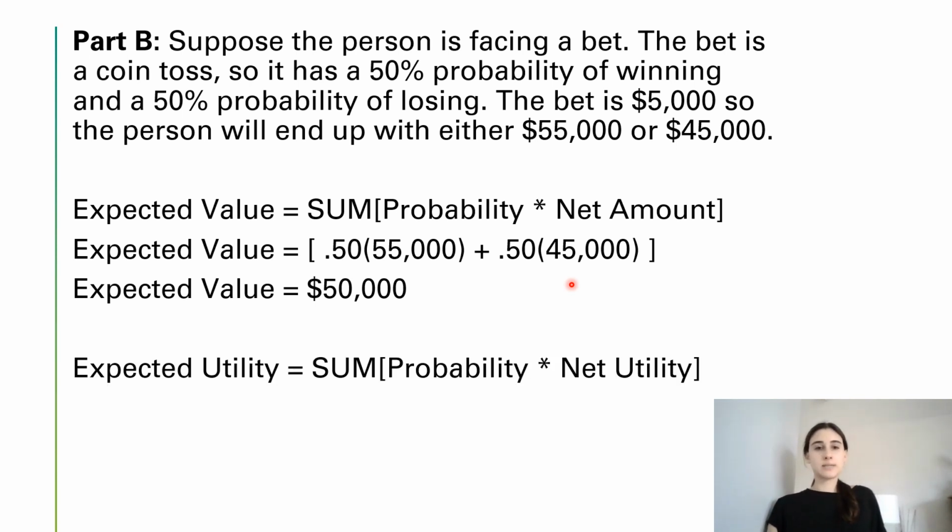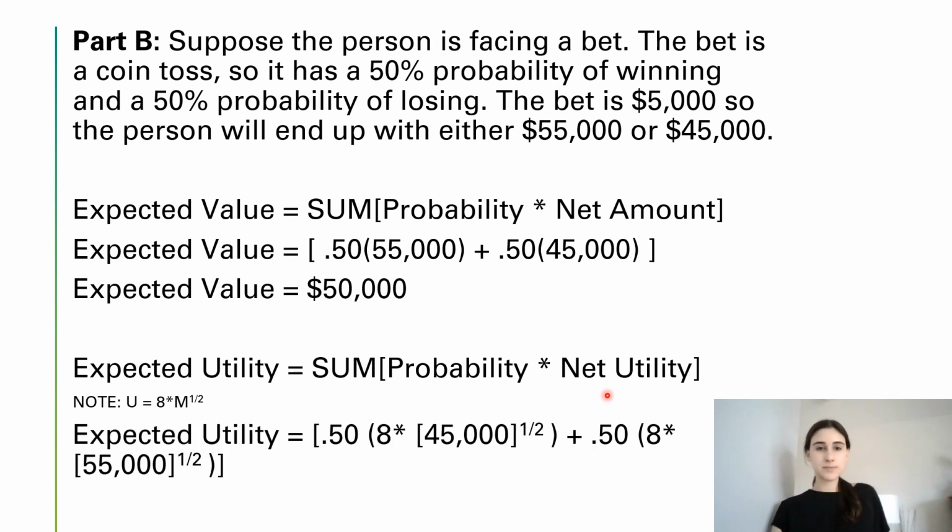Now let's look at expected utility. Again, it is a sum equation, where we will sum the probabilities times net utility. Note here is our utility function, which we use to find the net utilities from taking the bet. So here we have, there's a 50% chance that we win, and that we end up with $55,000.